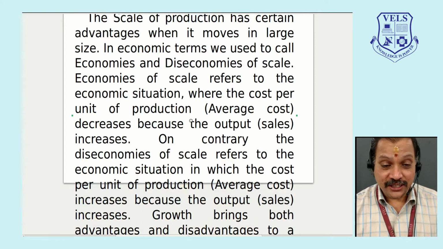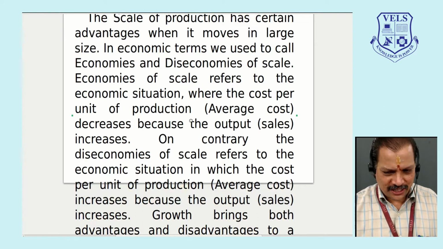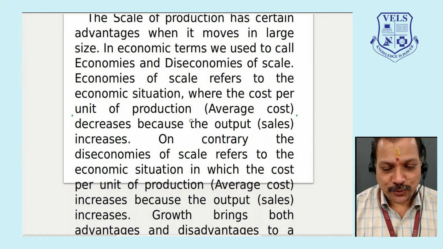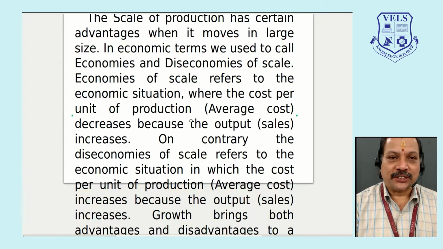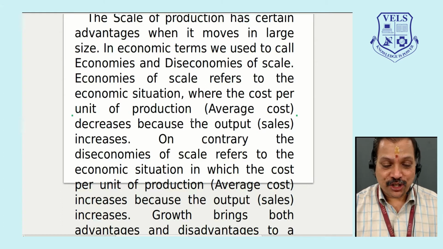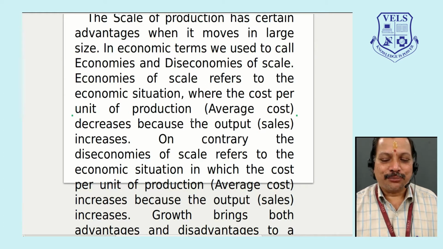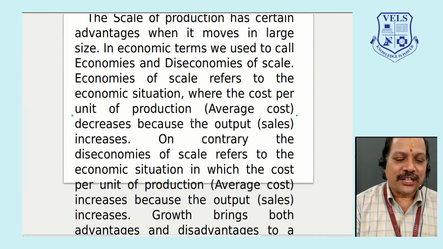On the contrary, the diseconomies of scale refers to the economic situation in which the cost per unit of production, here also we are mentioning the average cost, increases because the output sales increases.